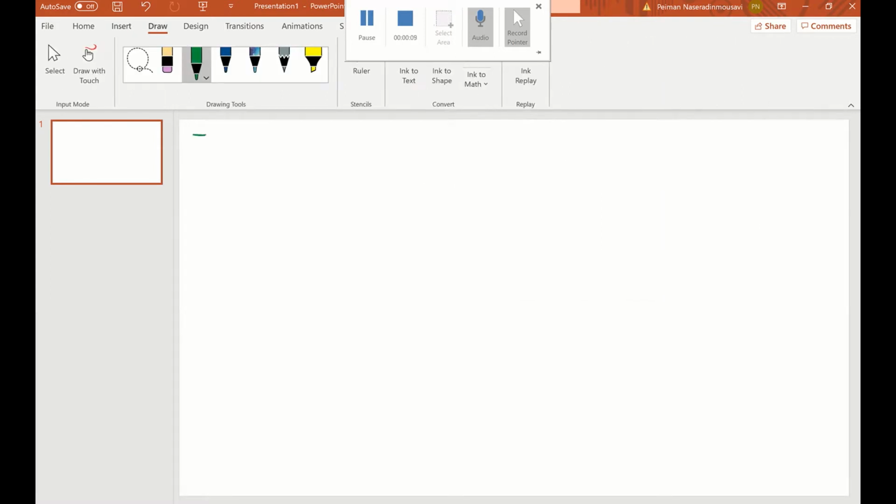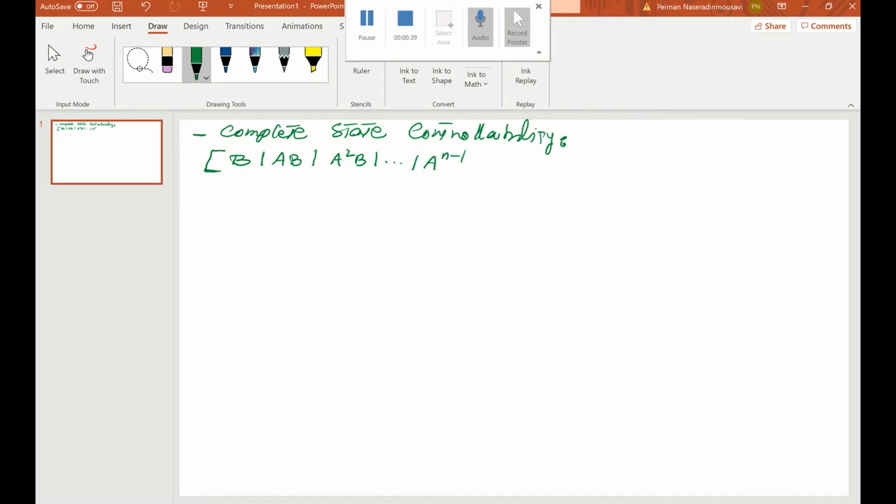If you remember, for complete state controllability we had to check the controllability matrix B, AB, A squared B, until A to the power of n minus 1 B for the nth order system. And then we had output controllability.